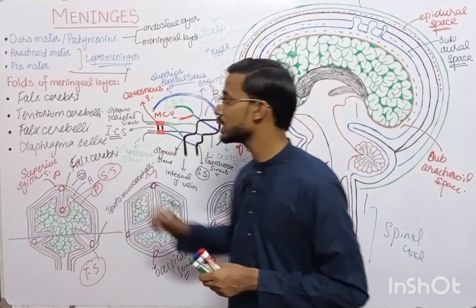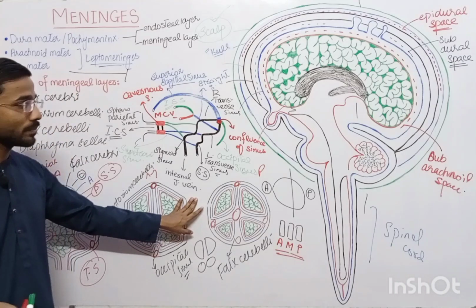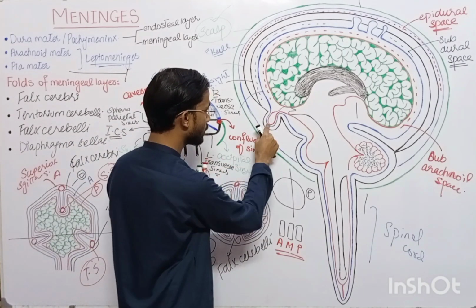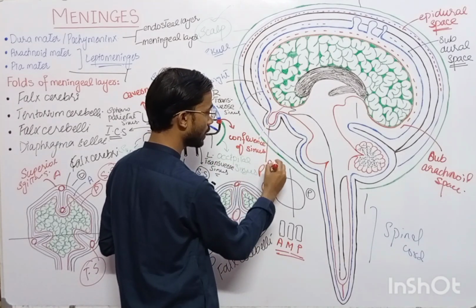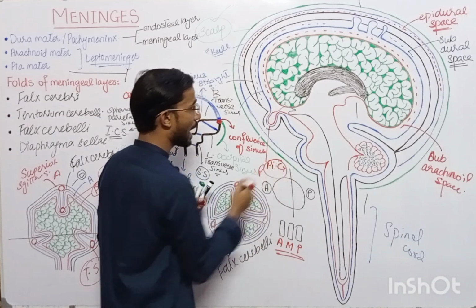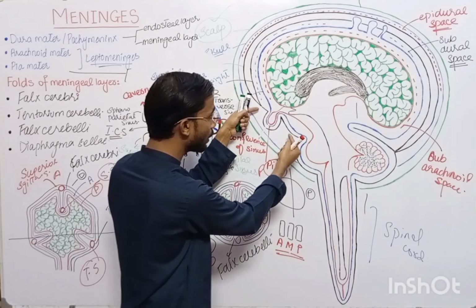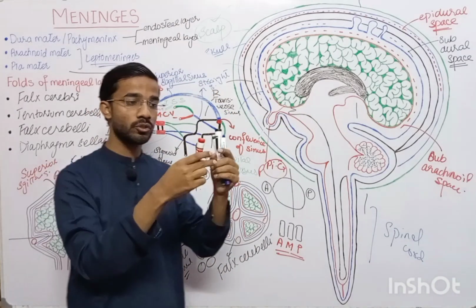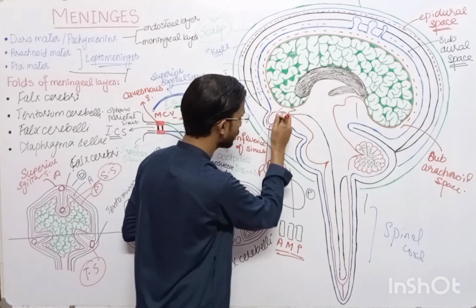And the last one is the diaphragma sellae. These are not prominent here. You can see this one. This is actually the pituitary gland, and here you can see this is the dura mater. Dura mater folds towards the pituitary gland and fuses this way.